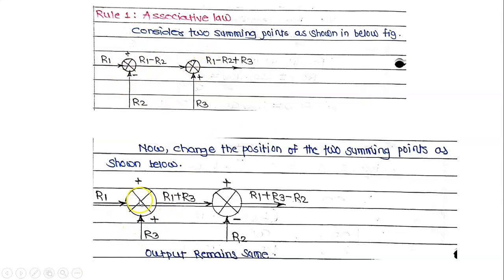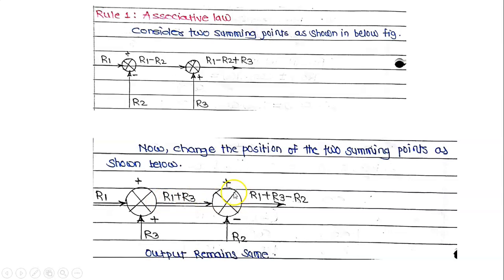Now again, at the first summing point, the R1 signal is there, that is positive. Then another positive signal is there, that is plus R3. Therefore, the output from the first summing point is R1 plus R3.